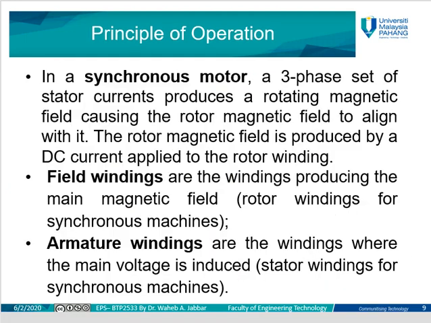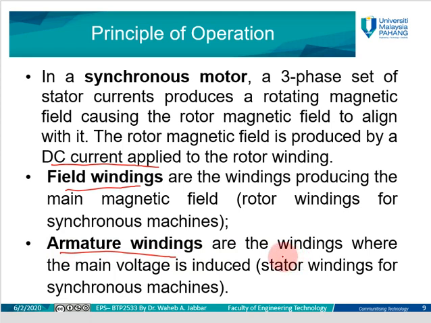For the synchronous motor, the situation is a little bit different, because in the case of a motor, as we said before, it should have two magnetic fluxes. So in the synchronous motor we have one magnetic flux on the rotor winding, which is produced by a DC current or DC source, and we call it the field winding, and the second one on the stator, which we call the armature winding.